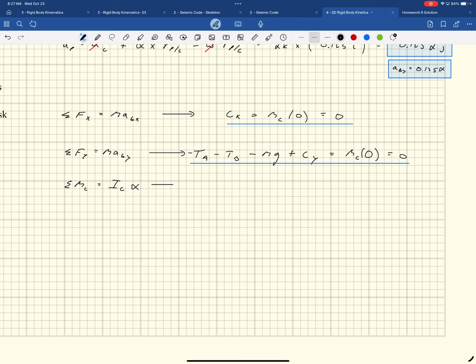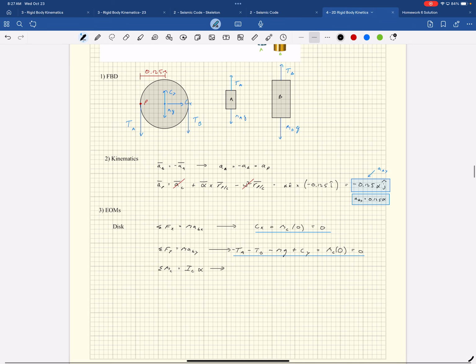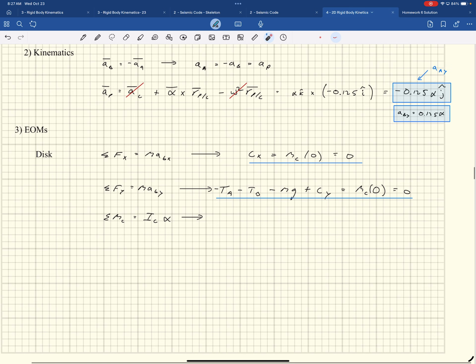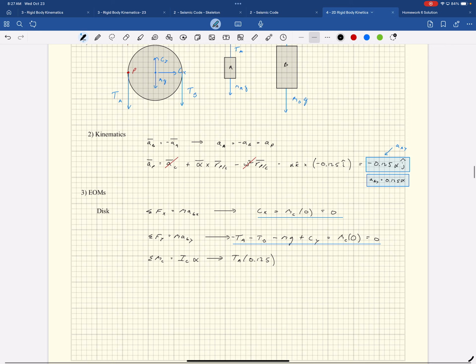Okay? So then I just look at the sum of my moments. I've got this guy times that distance, right? That's going to be a positive moment. So TA times 0.125 is a positive moment, right? And then TB is going to cause a moment, and it's going to be negative, right?